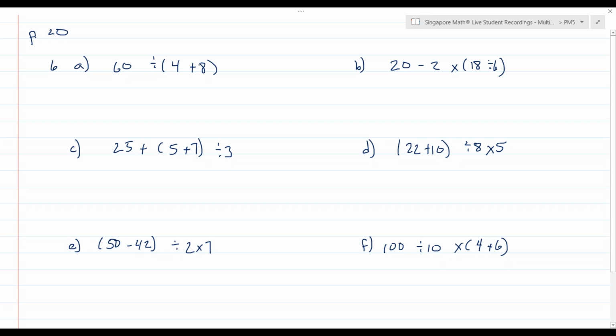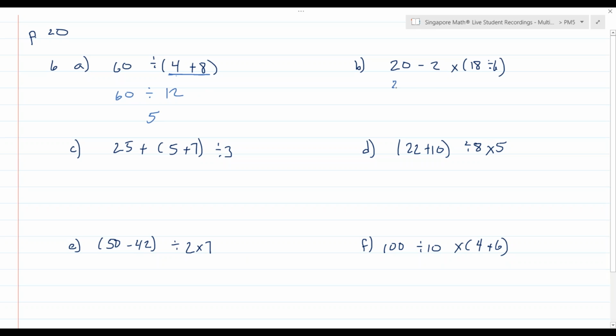60 divided by 4 plus 8, even though this is addition, we're going to do it first because it's inside parentheses. Once I do whatever's inside parentheses, I just drop the parentheses. 60 divided by 12. Well, if you've ever counted by 12, you could see pretty quickly that 60 divided by 12 is 5.